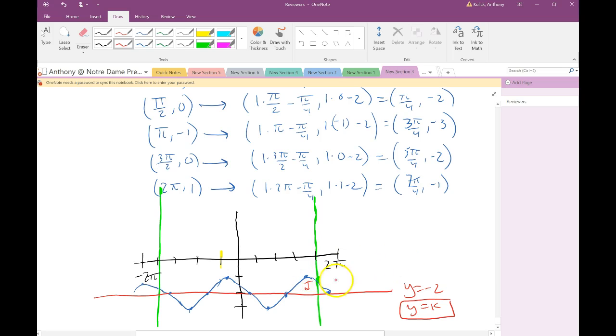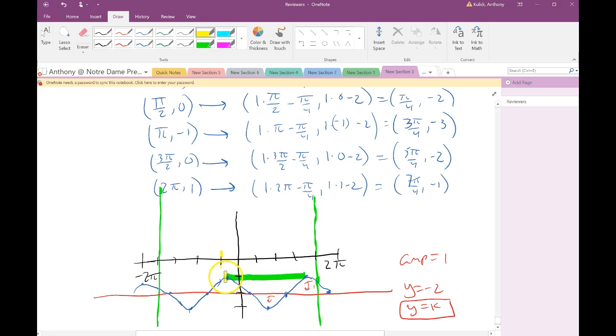If I look at the amplitude, that's still 1, so that didn't change. And if I look at the period, basically we're going from here over to there, which is negative 3 pi over 4, to positive 3 pi over 4.